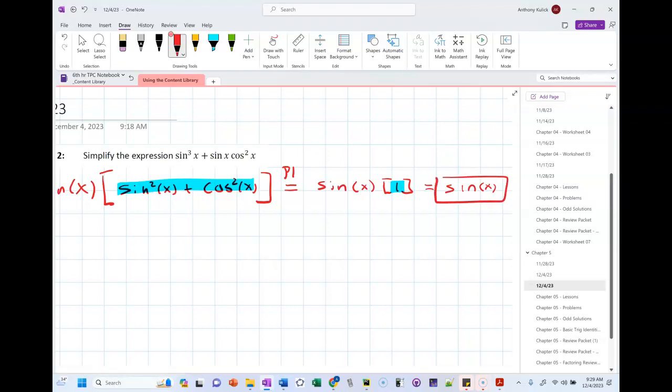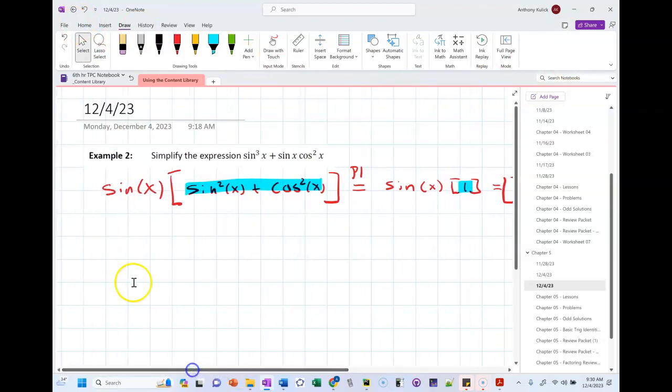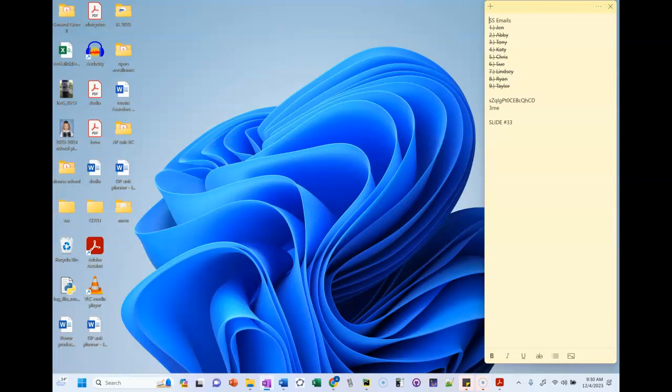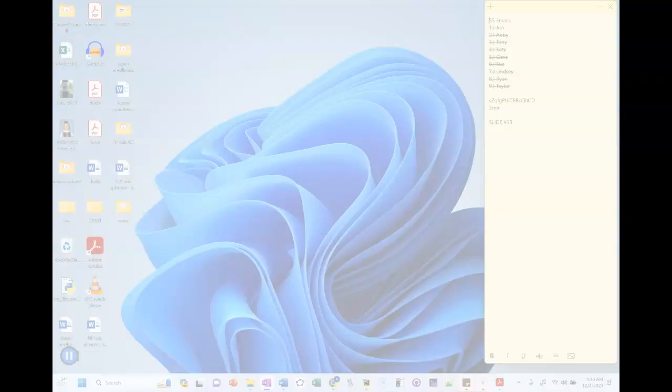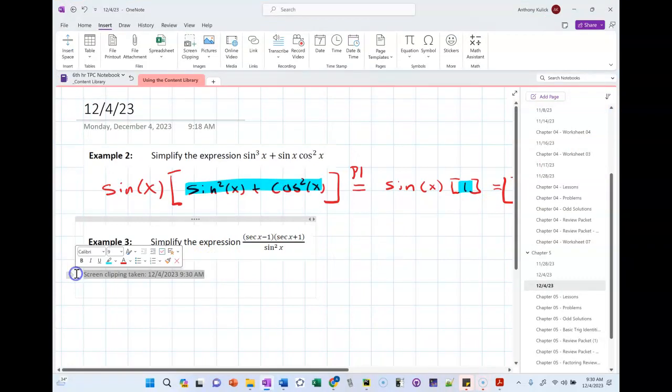And can't do better than a single trig function, so we'd be done. Doing okay still? Let's do a couple more.